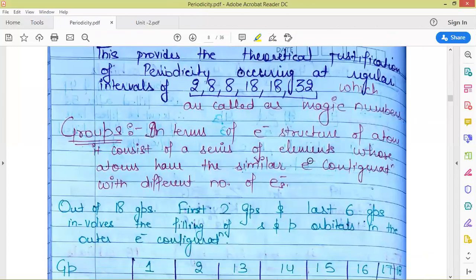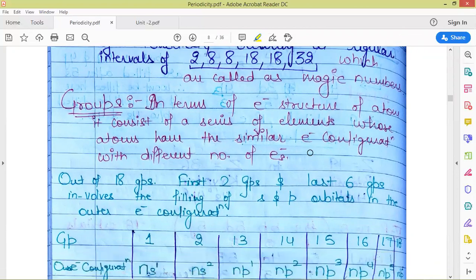Now coming to the groups which I was just talking about. In terms of the electronic structure of the atom, a group consists of a series of elements whose atoms have similar outer electronic configuration irrespective of the principal quantum number.